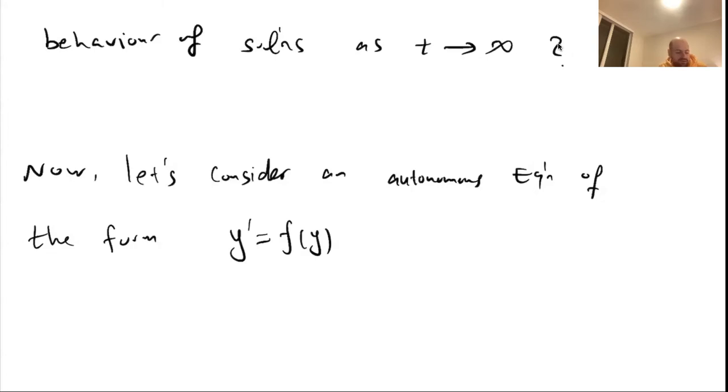Now a critical point for this equation is a point where f of y is 0. In Math 113, critical points were defined as the points where derivatives are 0, and we are still using the same definition. If the derivative is 0, that means f of y must be 0, and therefore the roots of f of y would be called critical points for this equation.